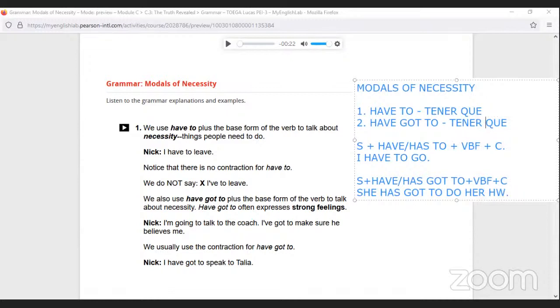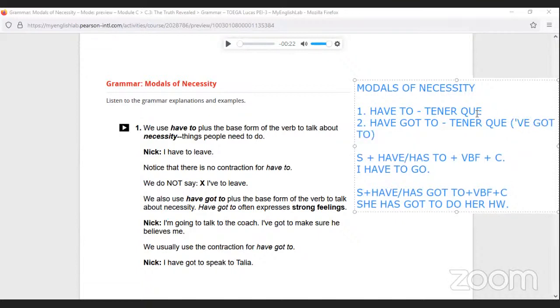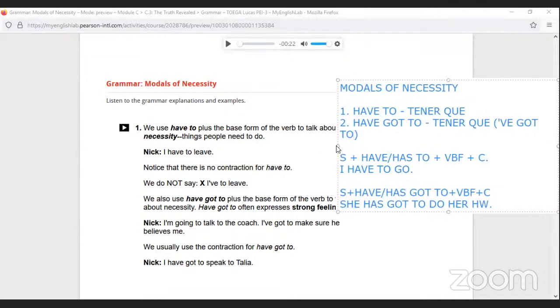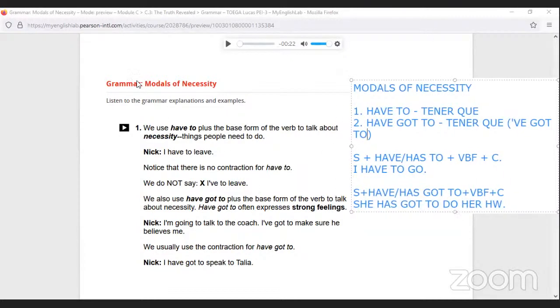But when we have have got to, we have the contraction, the apostrophe. The difference is that have got to shows a strong feeling. It is stronger, so we could use the contraction here.